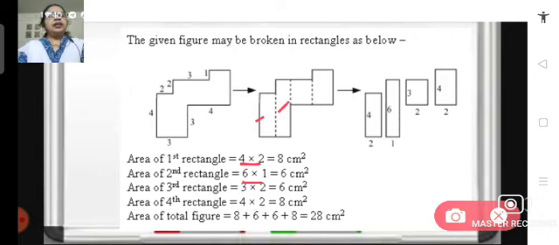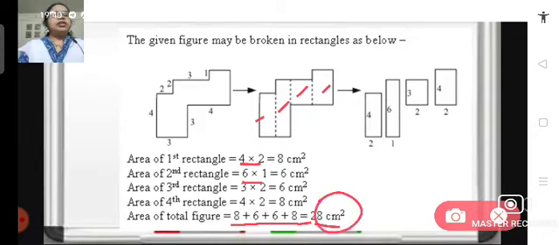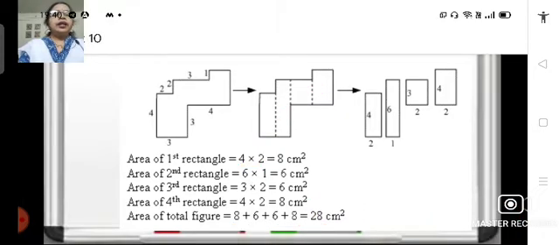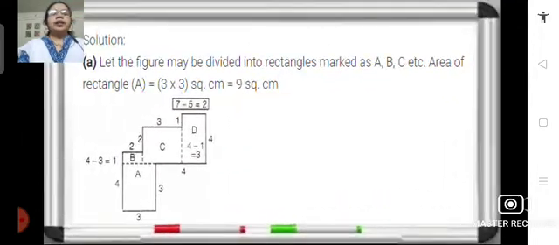Then third rectangle, it will be 3 multiplied by 2. And area of the fourth rectangle will be 4 multiplied by 2. And the area of total figure will be 8 plus 6 plus 6 plus 8, that is 28 centimeter square. In any way you find out, total area will become 28 centimeter square only.